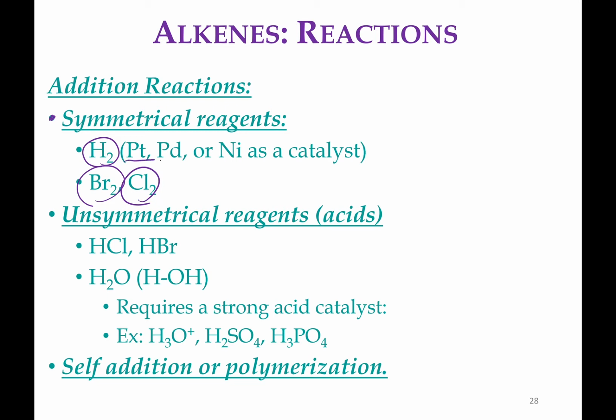Hydrogen does need a catalyst. So hydrogen is a small molecule and it's going to need a catalyst to undergo the reaction. And I'll talk more about this in just a few seconds. Bromine, chlorine, we're going to see these in the symmetrical addition area as well. They don't necessarily need a catalyst. They do react without a catalyst.